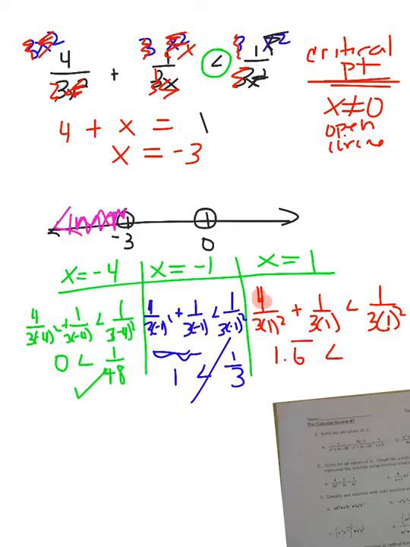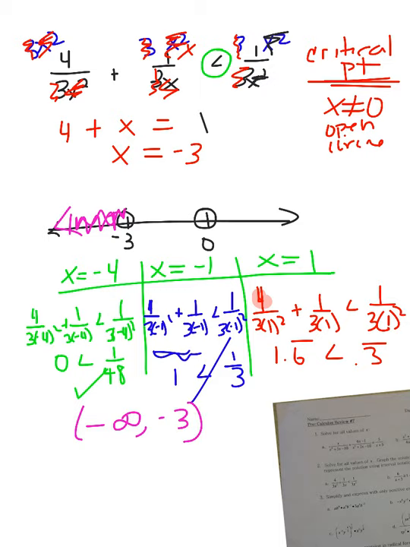Is that less than 1/3? And 1/3 is 0.3 repeating. So that's not true, so don't shade on the right side. So I just have the shading on the left side. This is my graphical solution. Now your interval notation would be from -infinity to -3, and that's it.